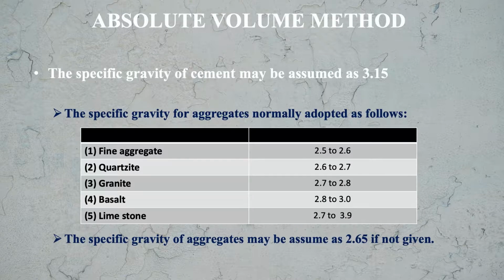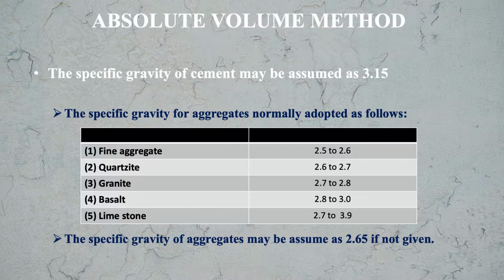The specific gravity of cement may be assumed as 3.15. The specific gravity for aggregates normally adopted is as follows. For fine aggregate, specific gravity may be taken from 2.5 to 2.6. For quartzite, specific gravity may be taken as 2.6 to 2.7.